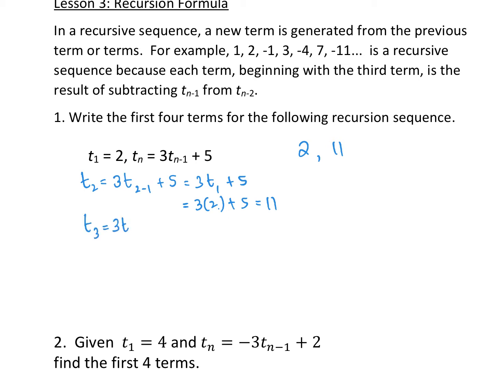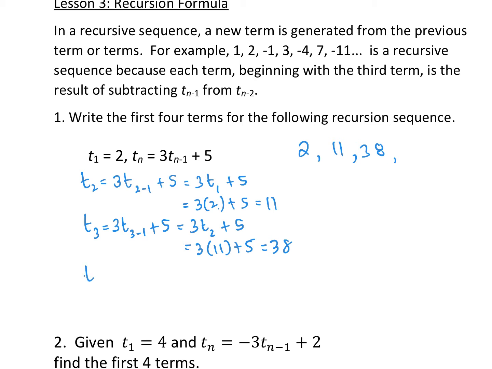Now n is 3, so it's 3 minus 1, which is 2. So to get the third term, I multiply 3 by the term before it that I just found, 11, and add 5. That's 38, so that's the third term.